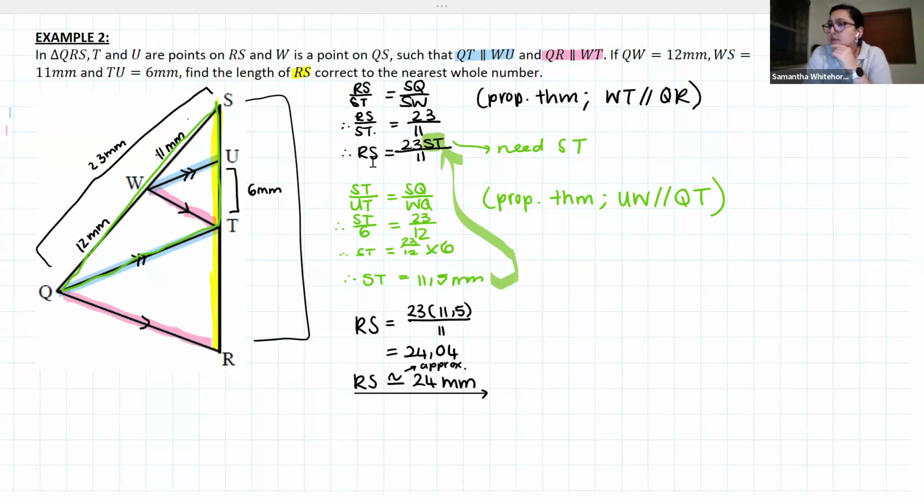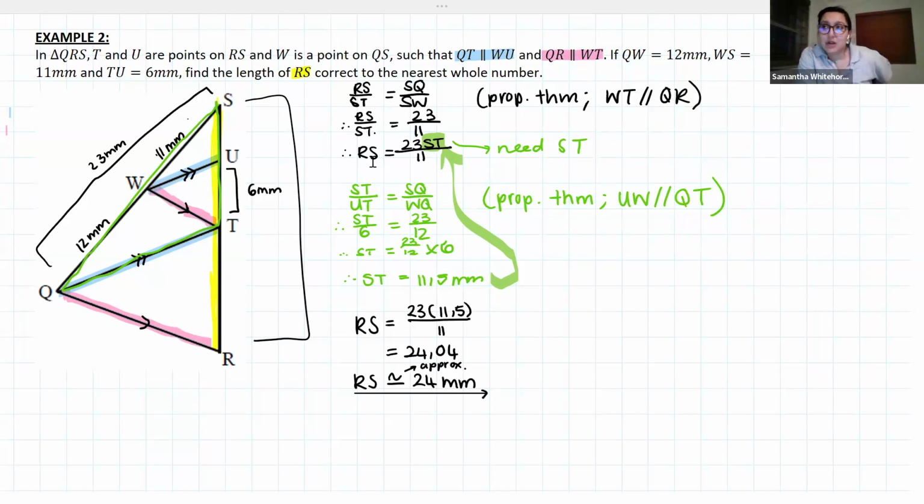Okay, there was a question of would I be wrong because there's a difference in my answer? So just be careful. The question did say round to the nearest whole number, but that was only in relation to RS. Every other bit of information that we have, we should keep as a non-rounded value, and we should only round off our final answer.